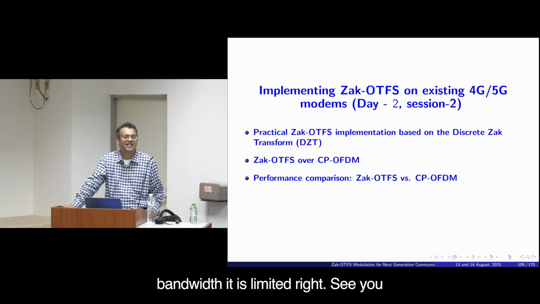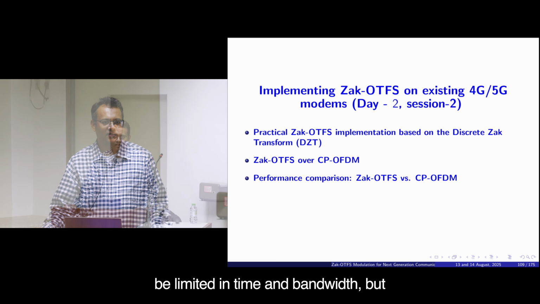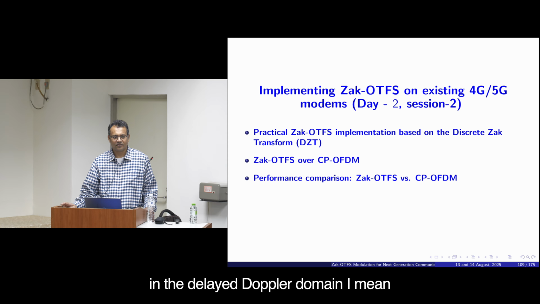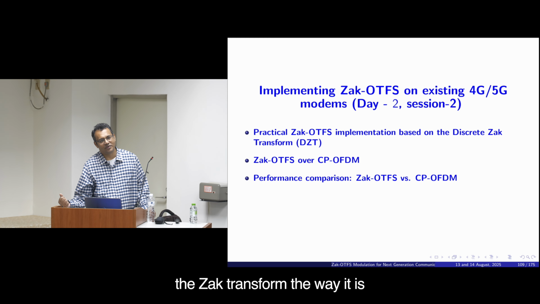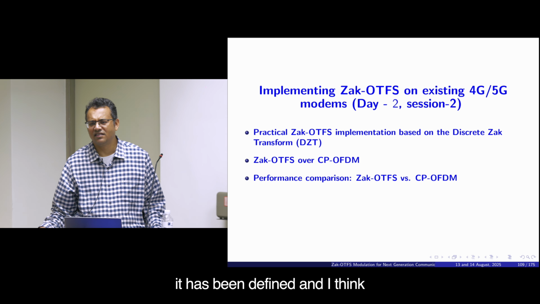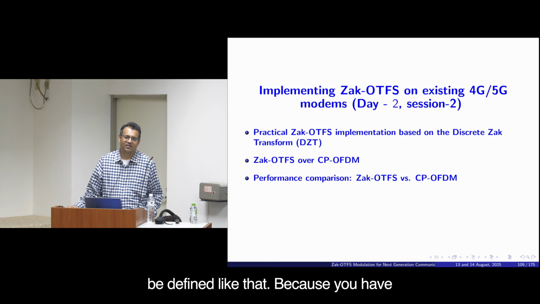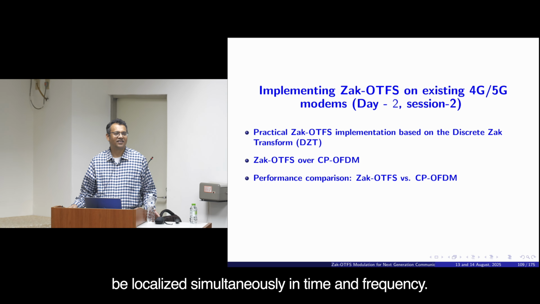See, you have to remember one thing: you could be limited in time and bandwidth, but in the delay-Doppler domain, the way the Zak transform is defined is what makes it quasi-periodic, and I think there is a reason for it to be defined like that, because you have to somehow avoid getting stuck in Heisenberg's uncertainty principle, which says that a pulse cannot be localized simultaneously in time and frequency.